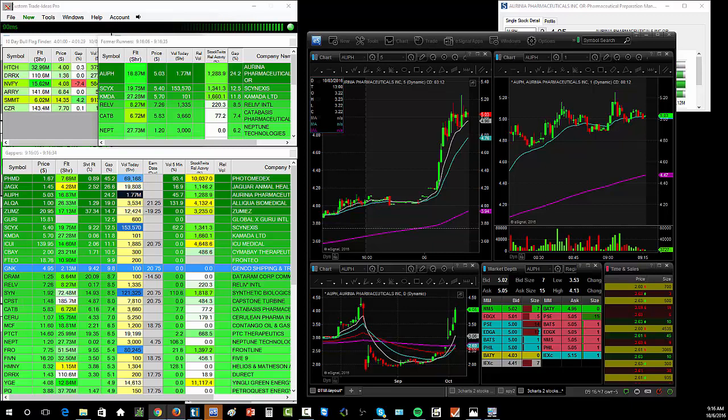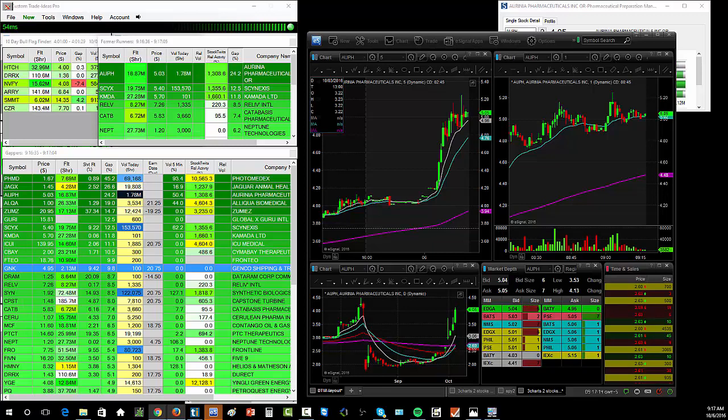Here's the problem on 1.7 million shares of volume. Very heavy volume pre-market. Now, the only concern here is that it may be crowded. So when I say crowded, I mean that you're going to have a lot of traders trying to capture a piece of this move.